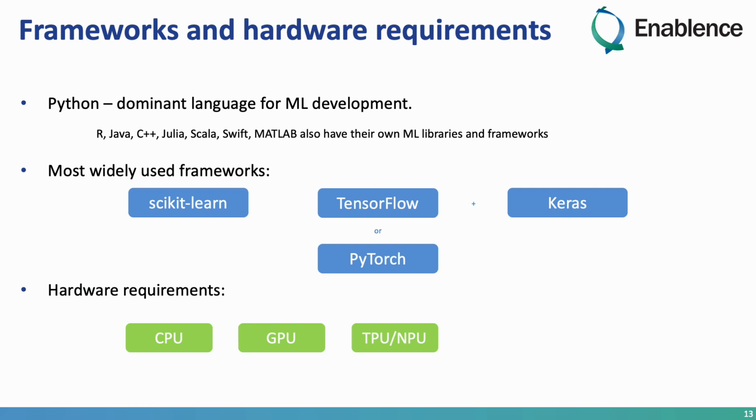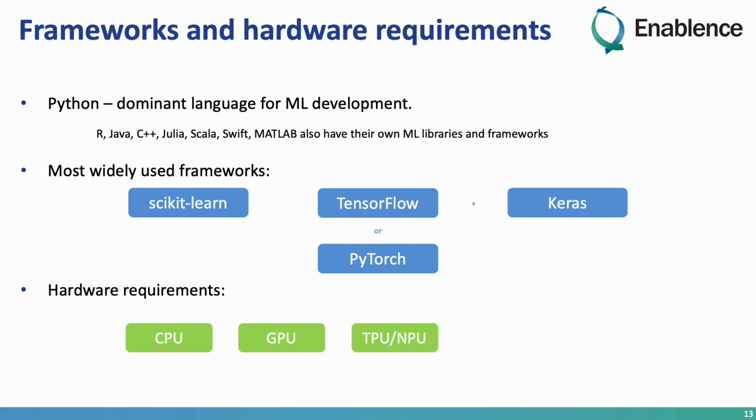And now let's spend a couple of minutes talking about the software and hardware requirements for ML development. Today, the most dominant language for machine learning development is Python. Other languages like R, Java, Scala, Swift, and MATLAB also have their own ML libraries and frameworks, but the wide and open ecosystem of Python, as well as its compatibility with other programming languages and tools, makes it by far the dominant language for ML development.